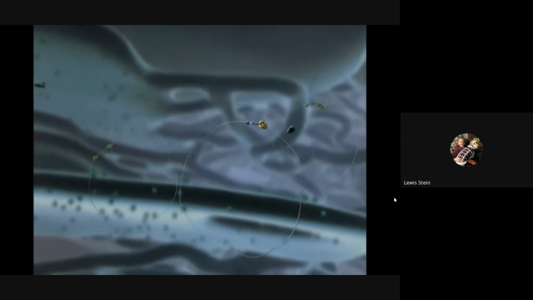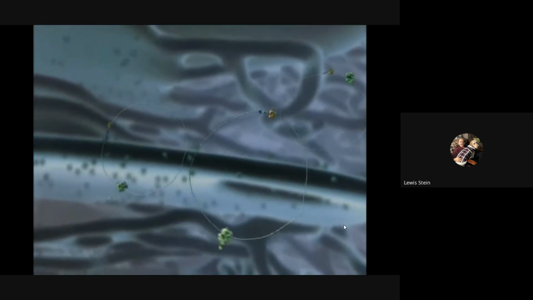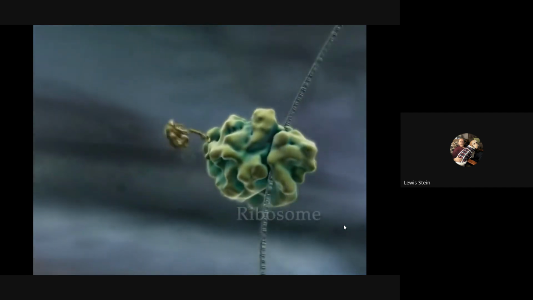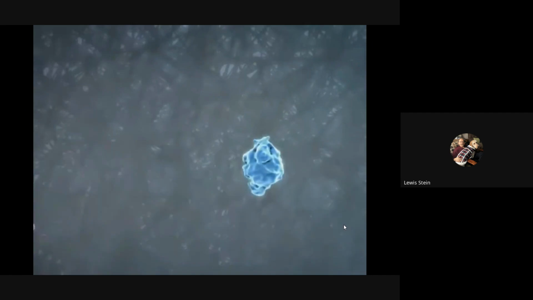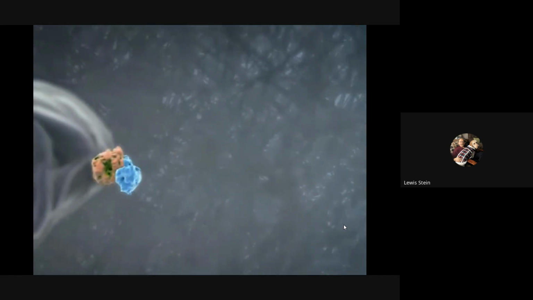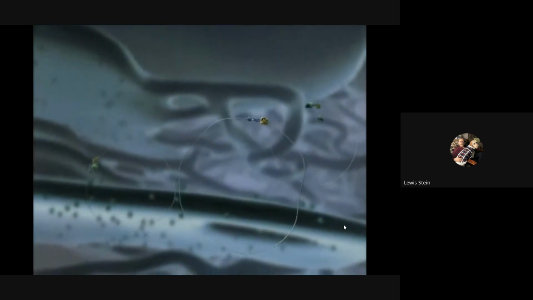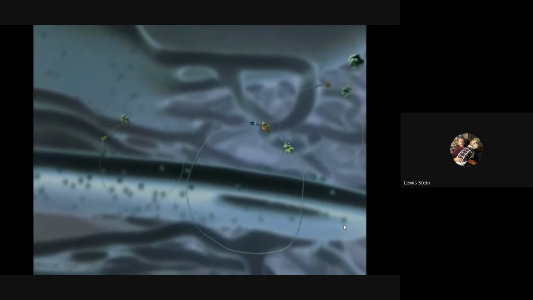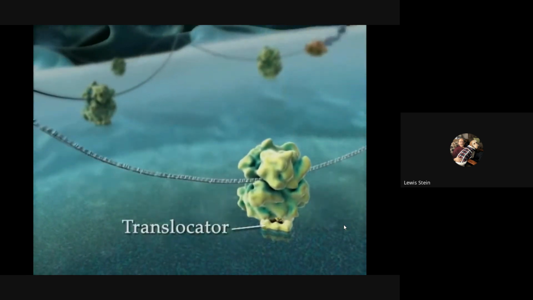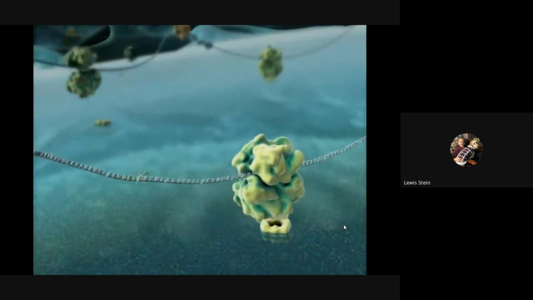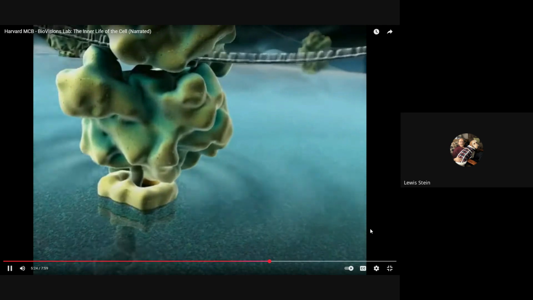This is going to be a free ribosome. It's coming right over there, that green guy. Here comes the bound one. Watch how it slithers through.